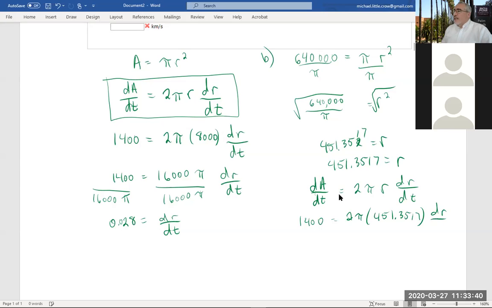And this is dr dt. So we're just going to divide both sides by 2 pi times 451.3517. Okay. 2 pi. So that cancels. And so our answer, we just plug this all into the calculator.